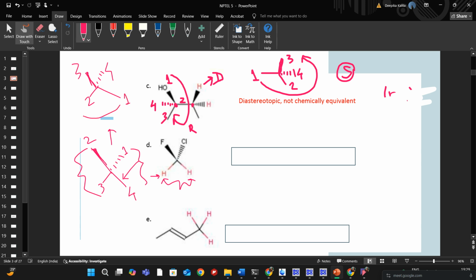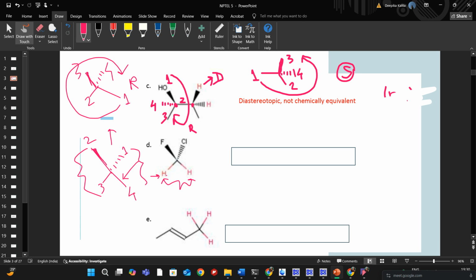Okay, and now if we move from 1 to 2 to 3, we are going to get the R configuration. So we have figured out that if we replace this proton by deuterium, the configuration is going to be R.